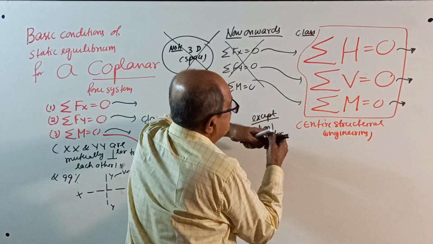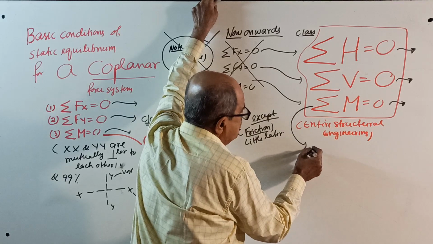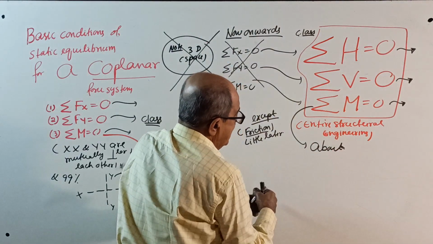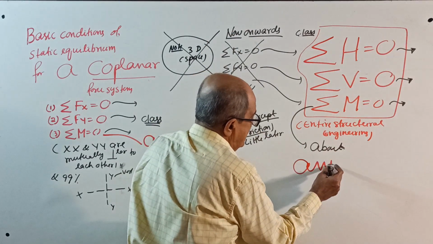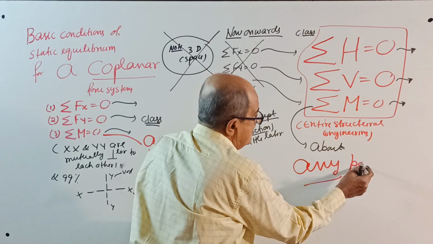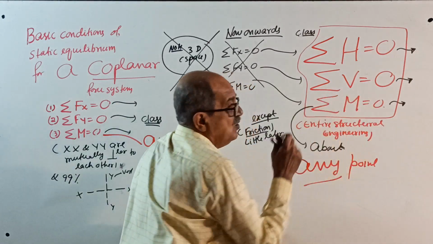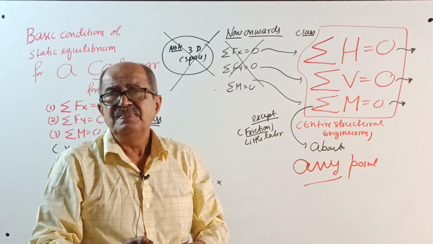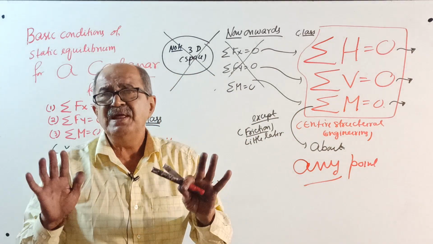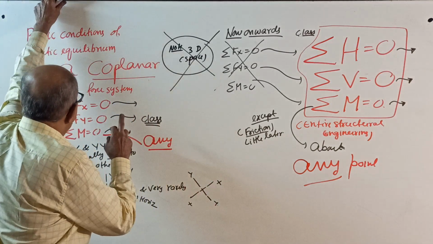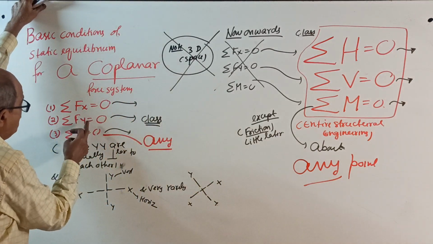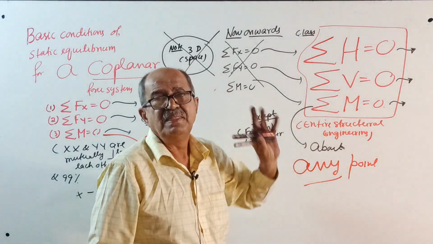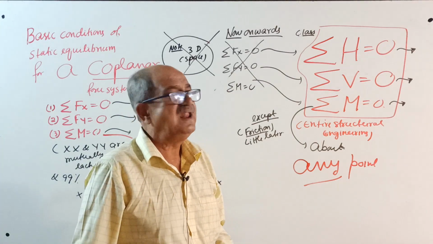Algebraic sum of moment of the entire force system about any point equal to 0 is what we are considering from now. So remember, now onwards, except in friction, we won't use sigma Fx, sigma Fy, sigma M. We will use sigma H, sigma V and sigma M. That's all. I will not repeatedly tell.